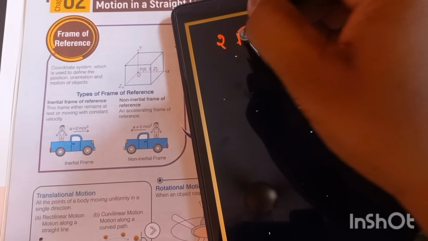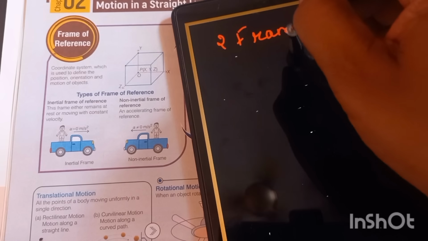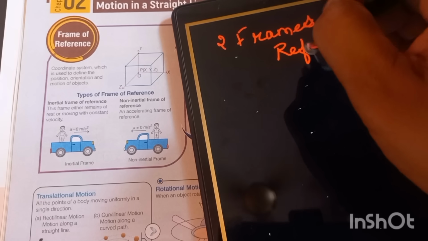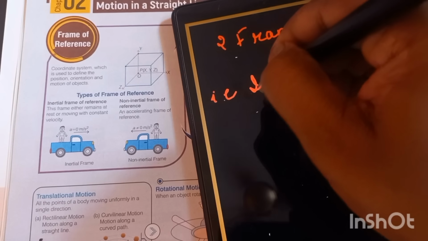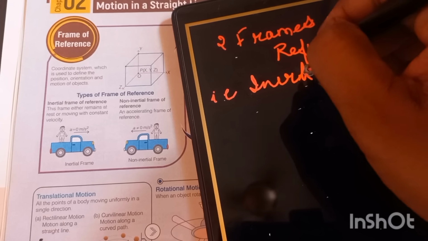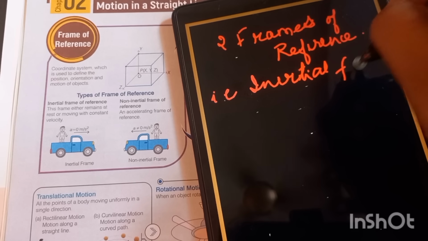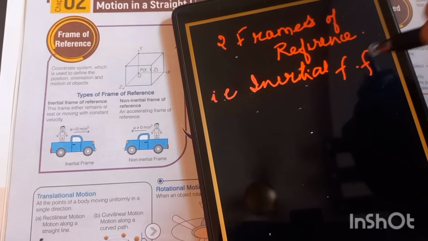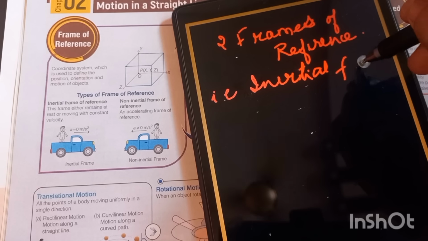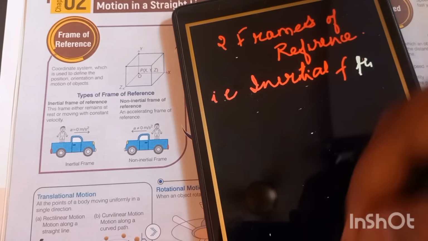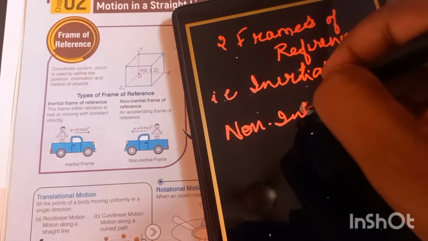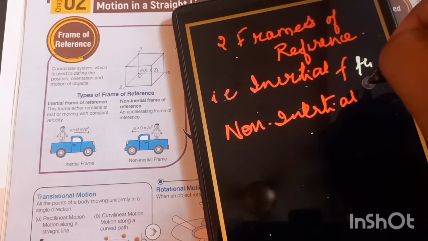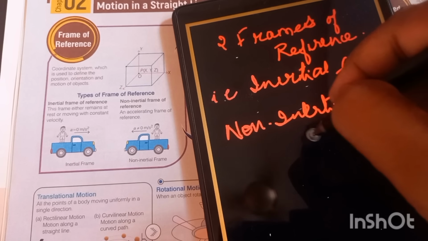Two frames of reference, that is inertial frame of reference and non-inertial frame of reference.